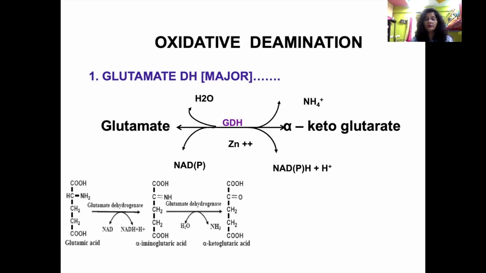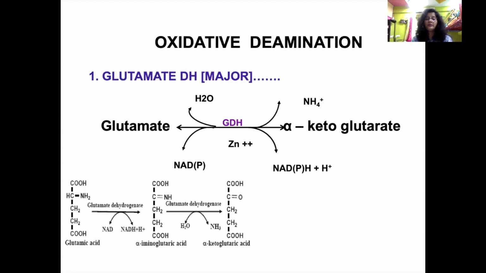Now, though this looks like a single step reaction, it is not a single step reaction. You can see what happened. Here glutamic acid in the first step is oxidized to alpha-iminoglutaric acid, and this is the intermediate.